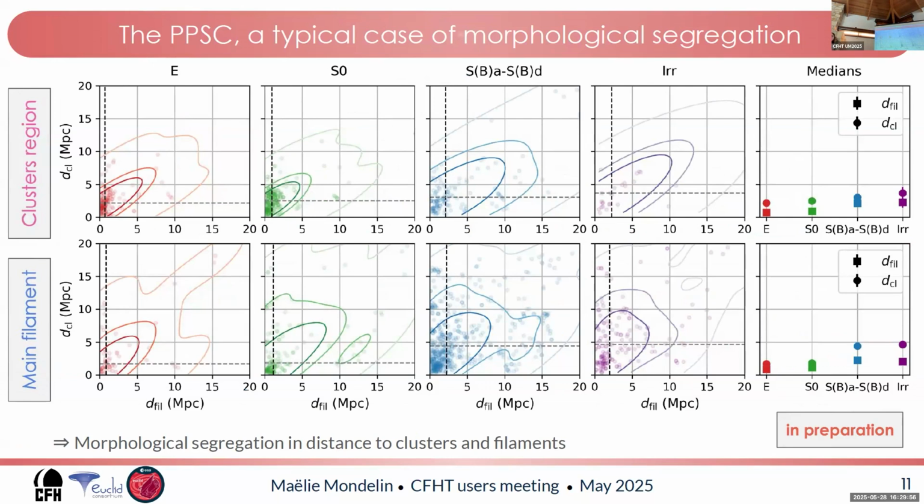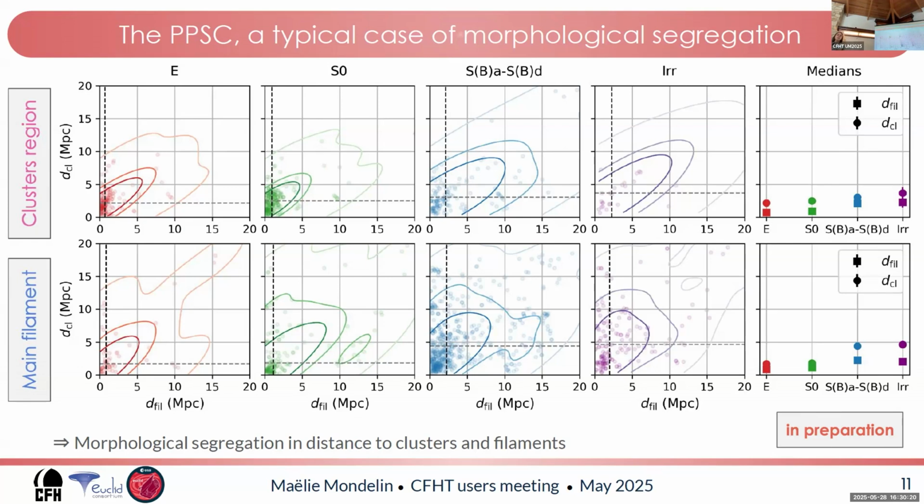And what we see is this clear gradient in the median, showing that we have mostly early type galaxies close to nodes and close to the spine of the filament.